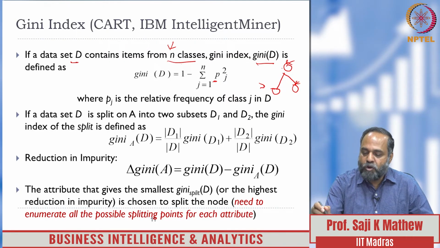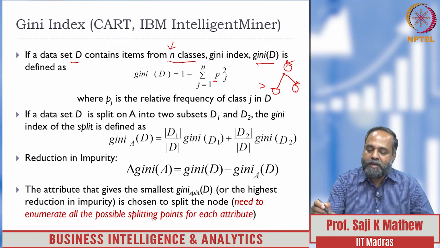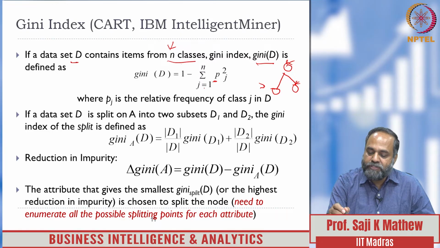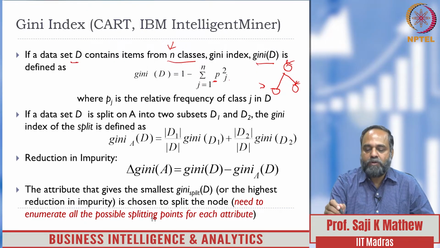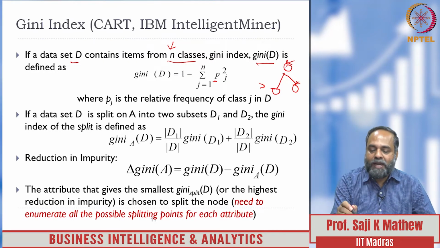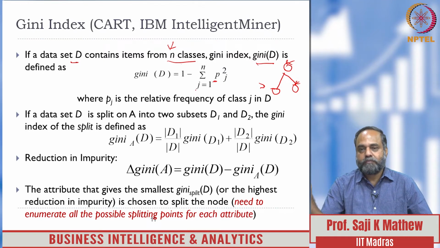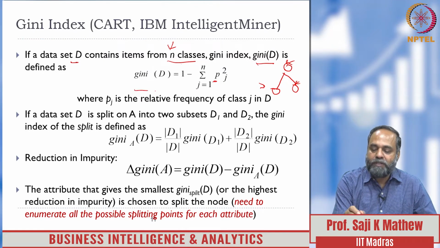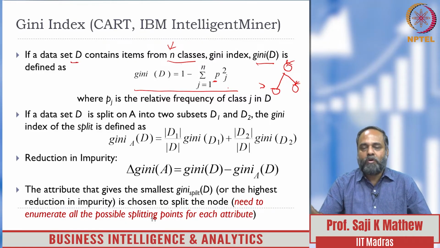For example, each node will have sunburn and no sunburn. What is the proportion of sunburn records in the node, plus the square of that, what is the proportion of no sunburn records in the node. So you find the sum of the squares of the proportions of the classes in the node, and then 1 minus that. That is the formula for the Gini score of a node.